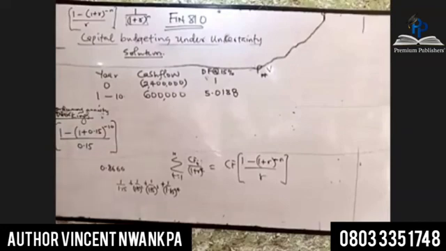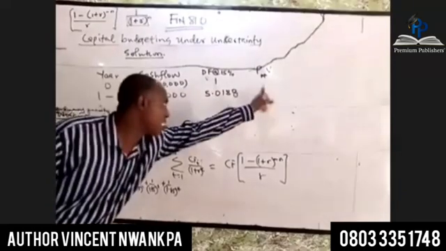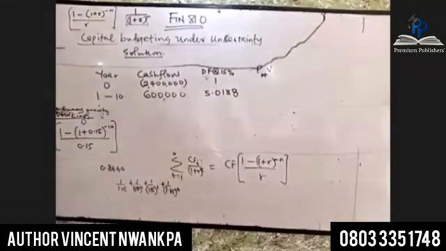Is it the discount factor? This formula is 1 minus 1 plus 0.15 raised to minus n, over the rate. When you multiply this discount factor by the cash flow, you get the present value. So that's where it comes from.